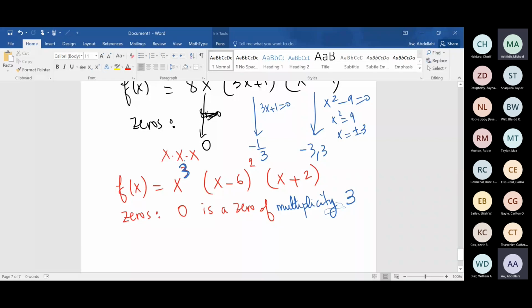Okay, so how many times is 6 a zero? Twice. So we say 6 is a zero of multiplicity 2. All right. And how many times is negative 2 a zero?